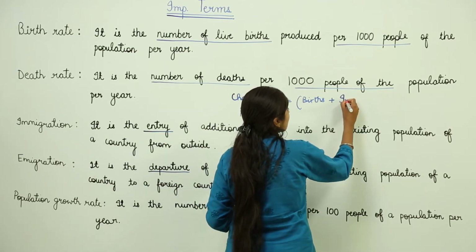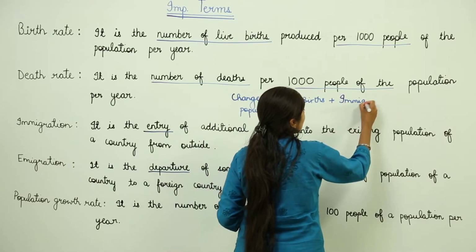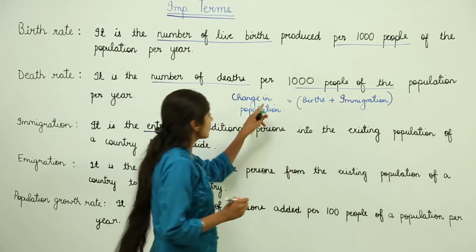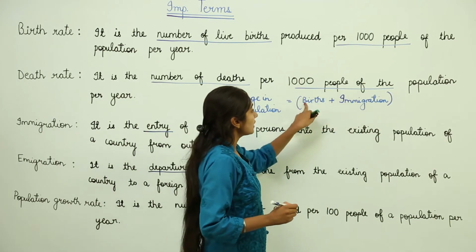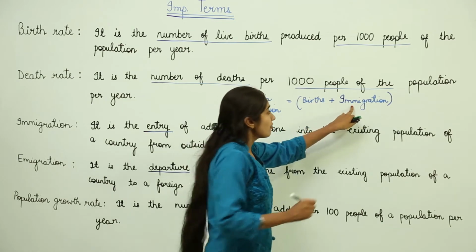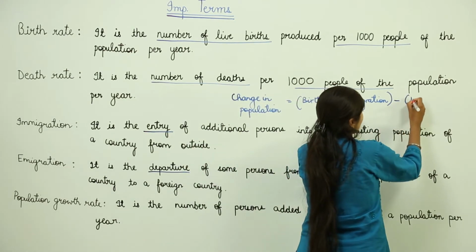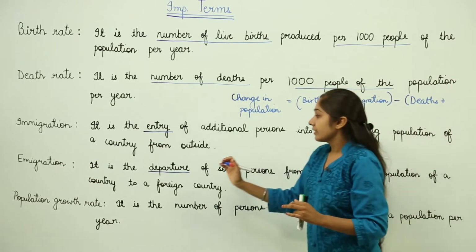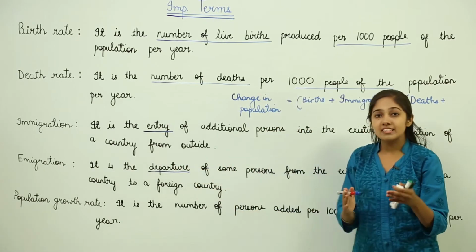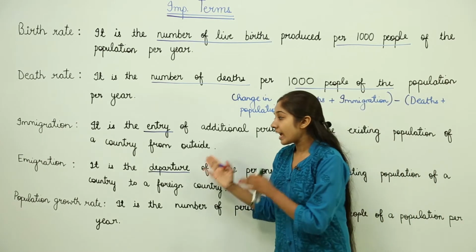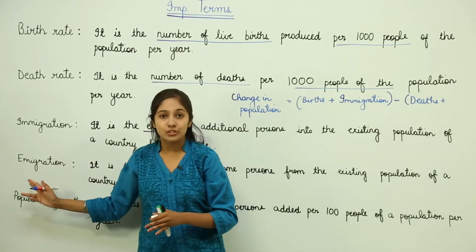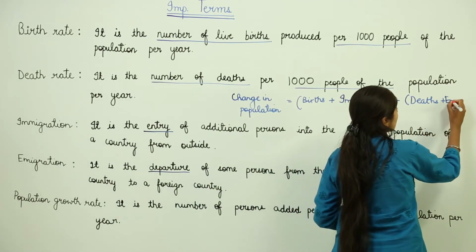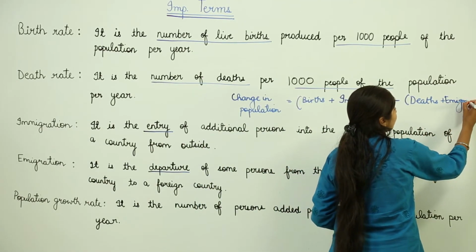So, births plus immigration, right. Now, this is the births plus immigration, but we are going to subtract deaths plus what? The persons who have actually departed from a country, and that we call emigration. It's deaths plus emigration.